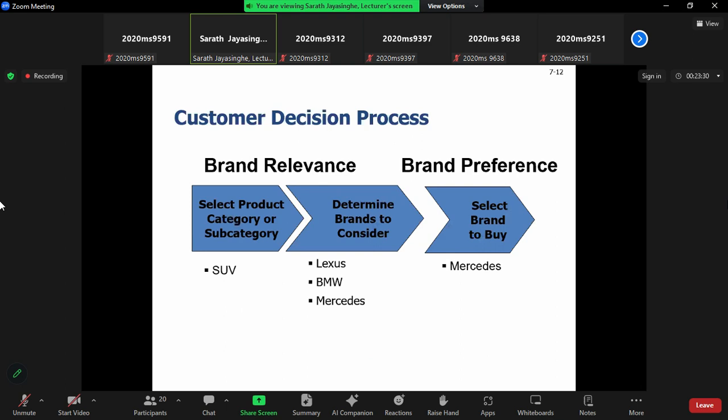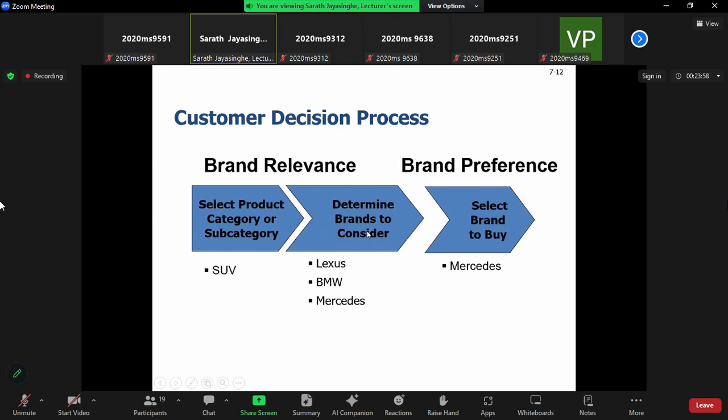So, the customer decision process. Yes, it says body style. Very good. Body styles are very different when you compare hybrid and SUV. Then brand relevance and brand preference: you can see the selected brand product category or subcategory is SUV.